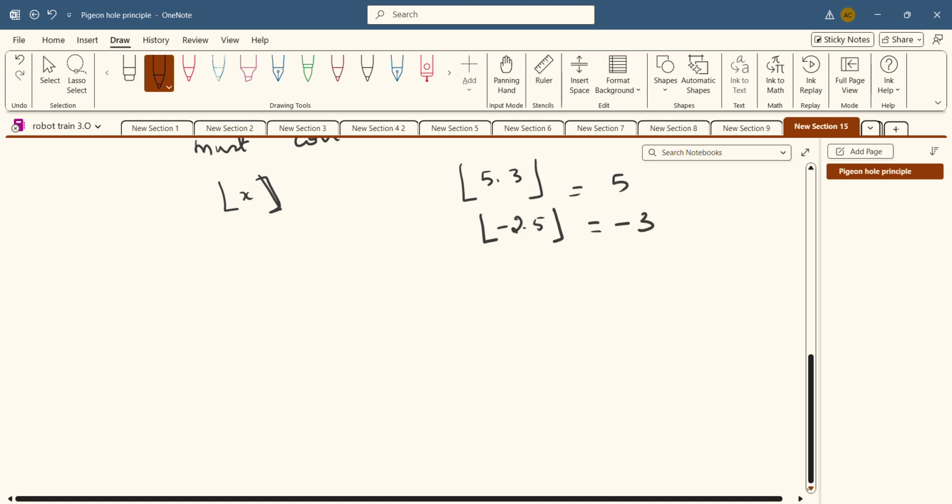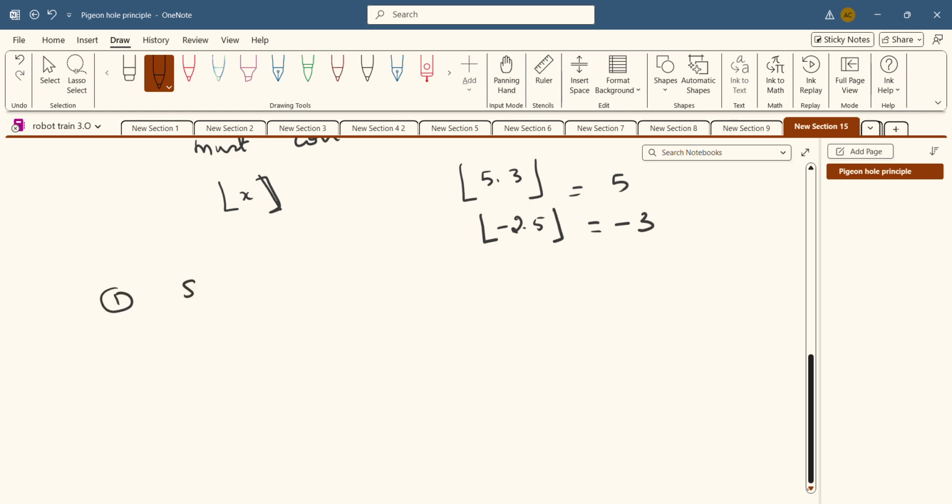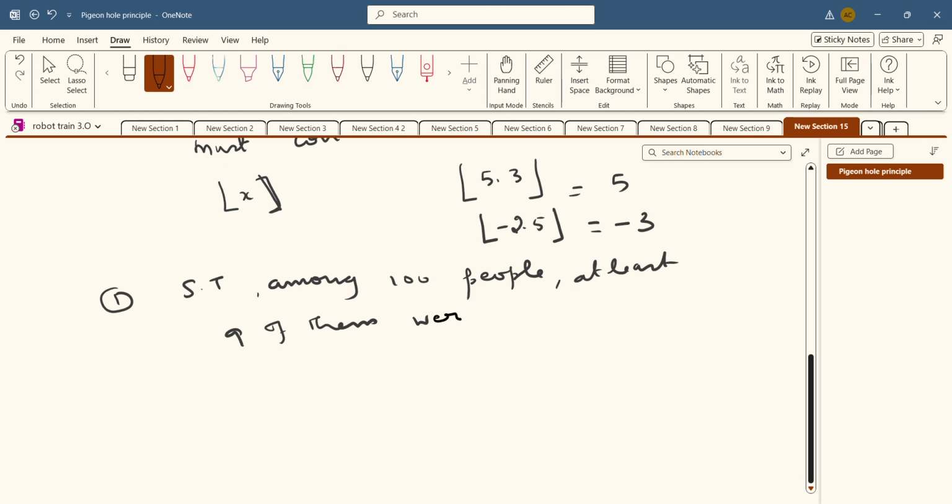Now we move on to some problems related to the pigeonhole principle. The very first problem: show that among 100 people, at least 9 of them were born in the same month.